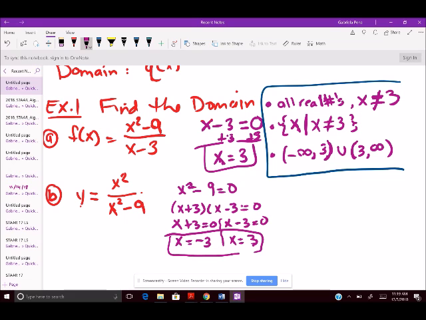So if I were to write this down as 3 different answers, it's going to be all real numbers, x not equal to -3, x not equal to 3. There's one. The other way would be x such that x is not equal to -3 and x is not equal to 3.